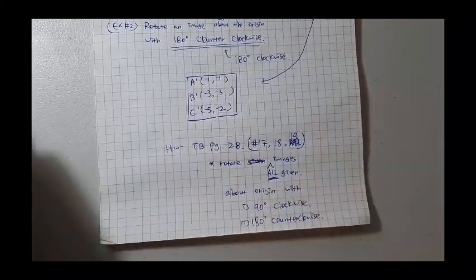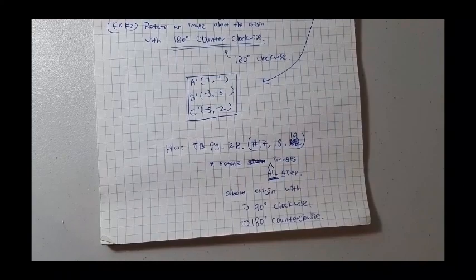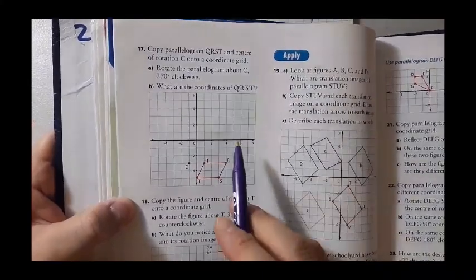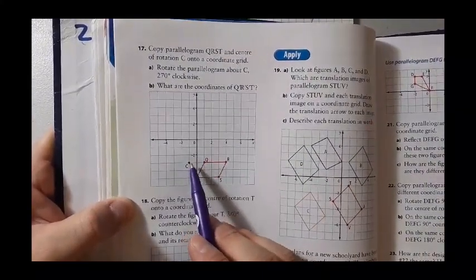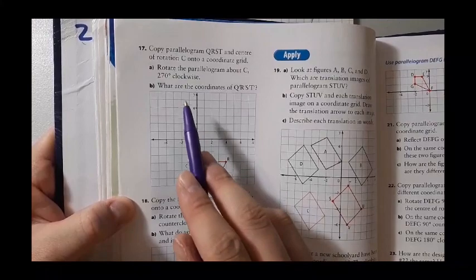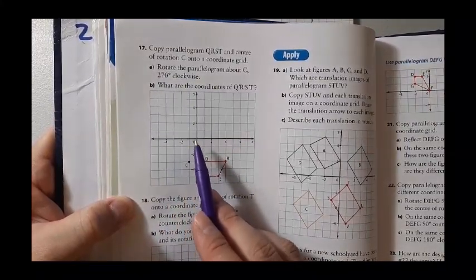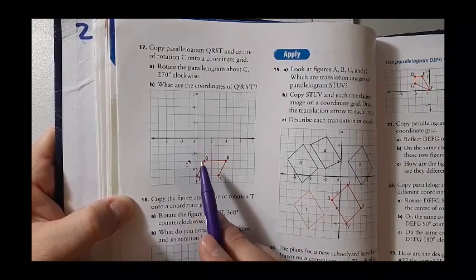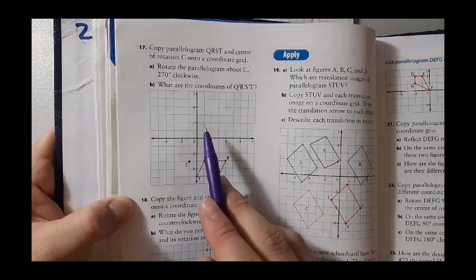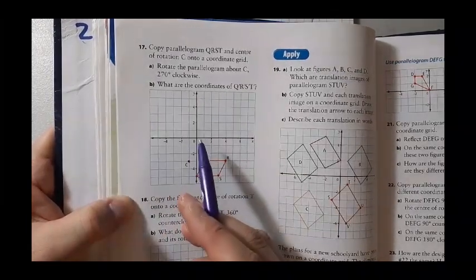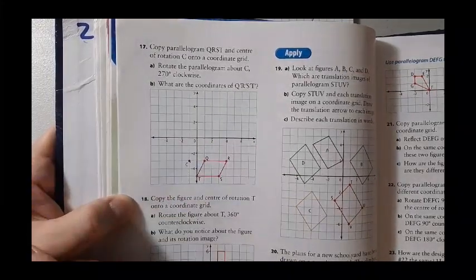So what I mean by that is this. This is question number 17. It says copy this and rotate around C. Ignore that for now. Imagine it is saying rotate about origin over here, 0, and I want you to do 90-degree counterclockwise and then 180-degree using 0,0 as your reference point.